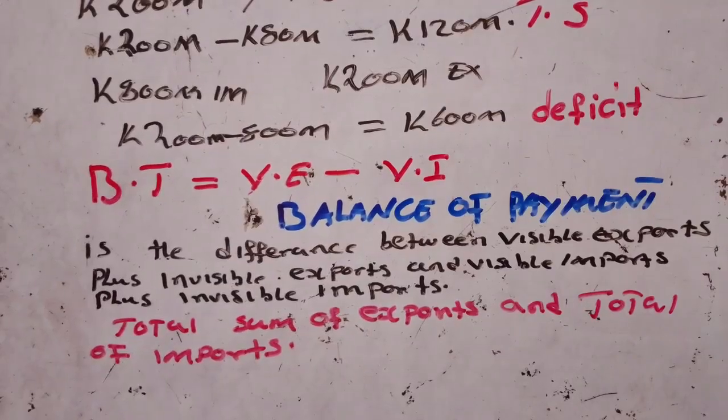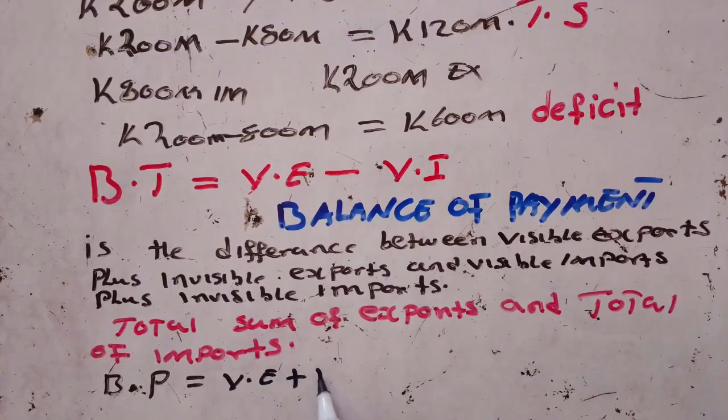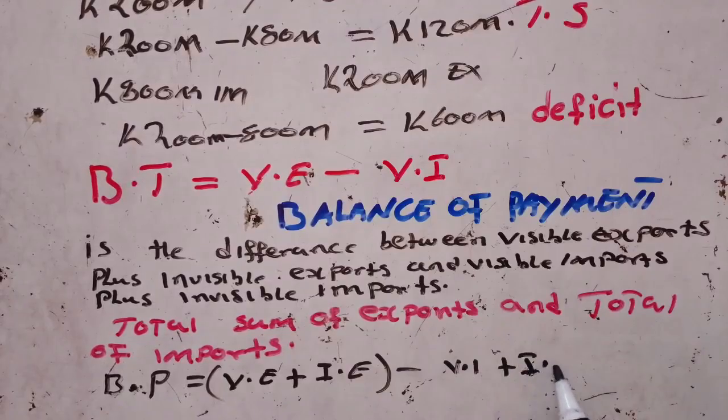In a formula we can write it like this: balance of payment is equal to visible exports plus invisible export, minus visible imports plus invisible imports.